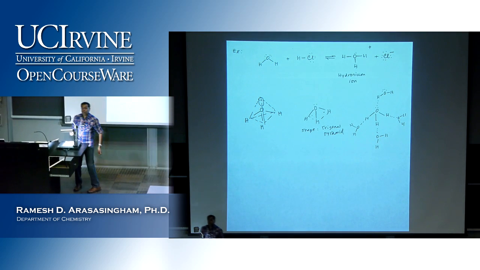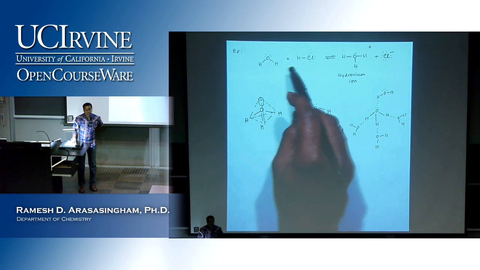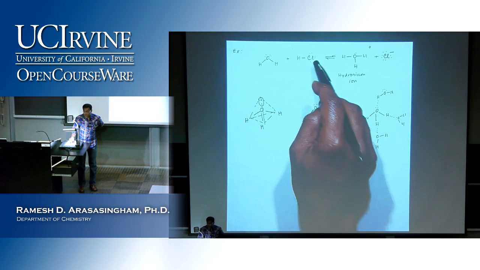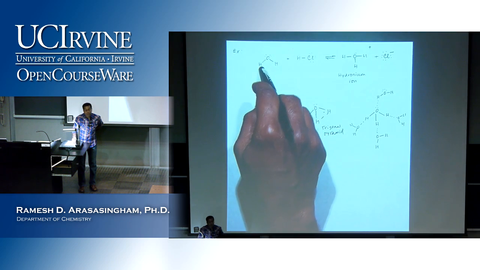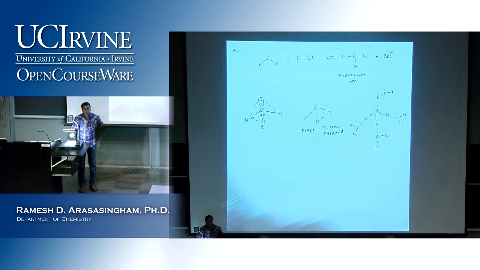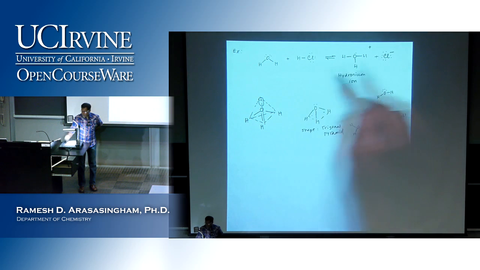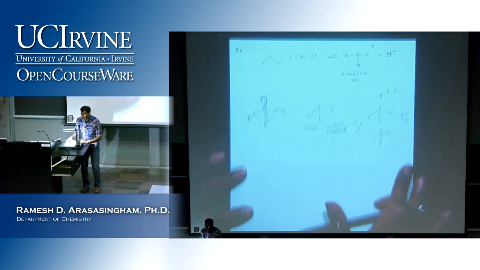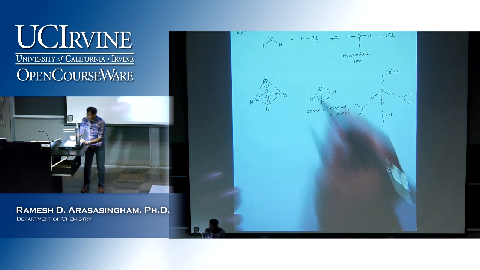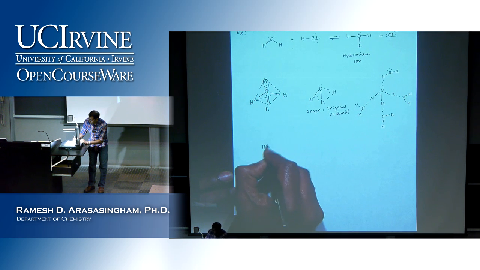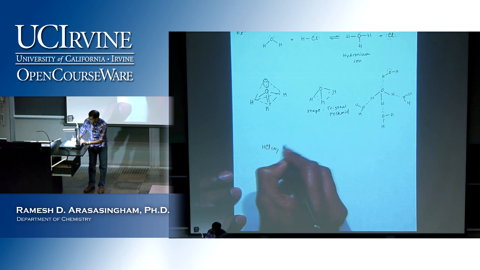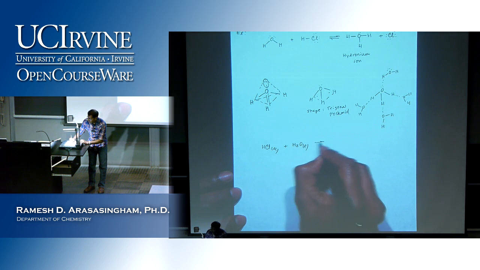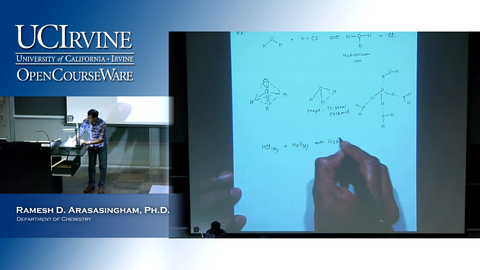All right? So essentially what's happening here is that you can see that this covalent bond is broken, and this HCl donates a hydrogen atom to water, all right? And it forms a Cl minus. So if I want to write it in terms of the formula, I can say HCl, when we dissolve that in water, we're in liquid water, and that gives me hydronium ions.